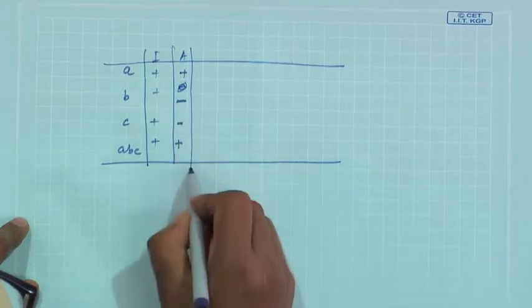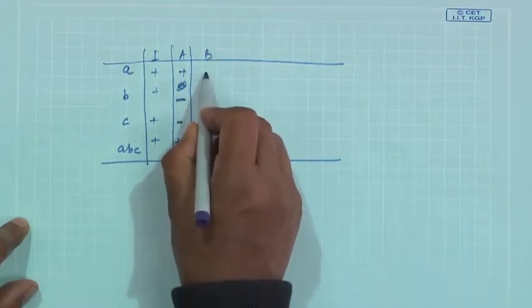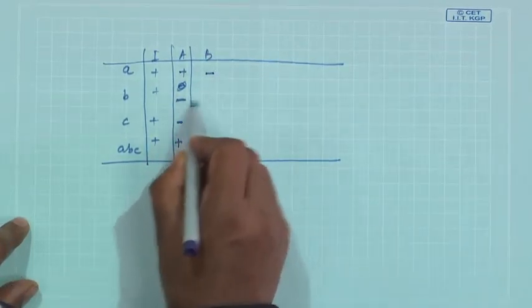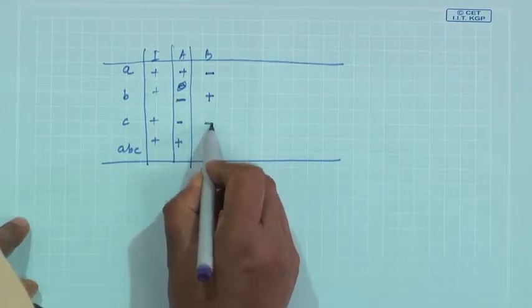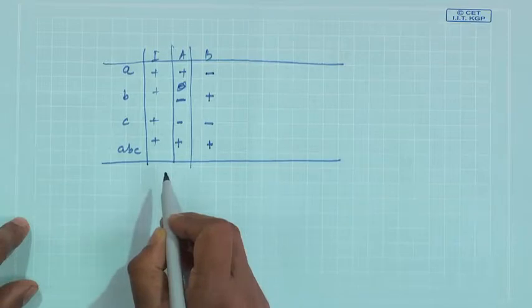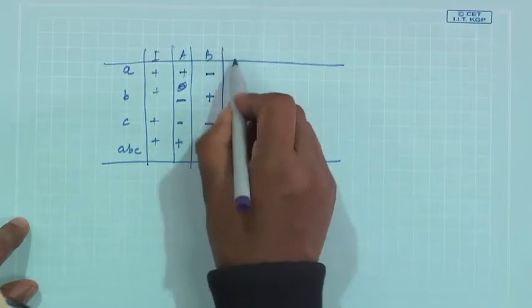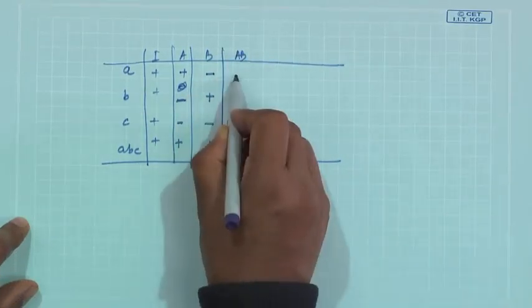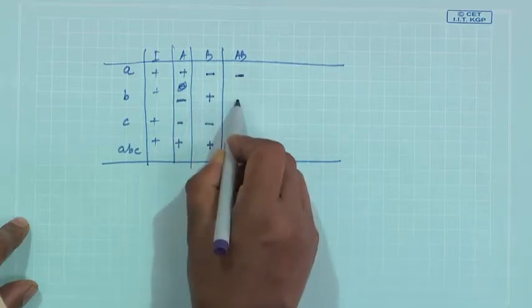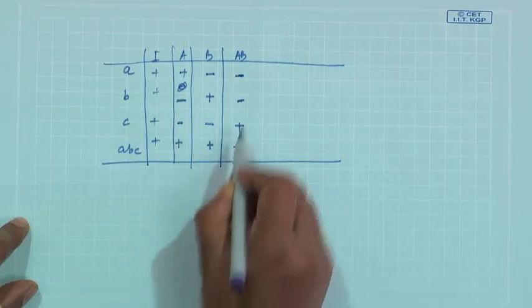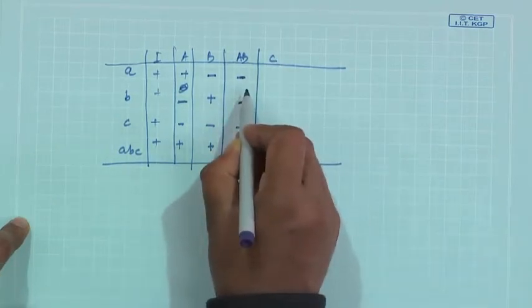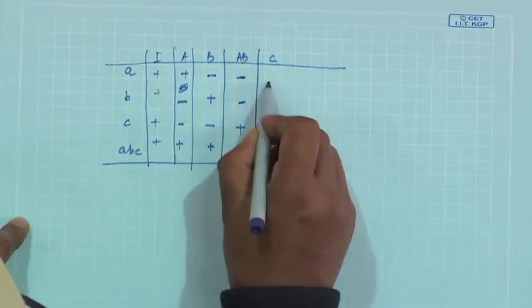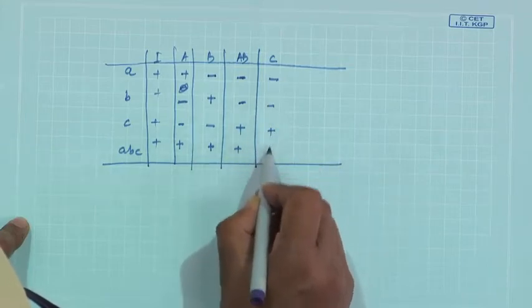Then B: minus plus minus plus. Then AB: minus minus plus plus. Then C: minus minus plus plus.